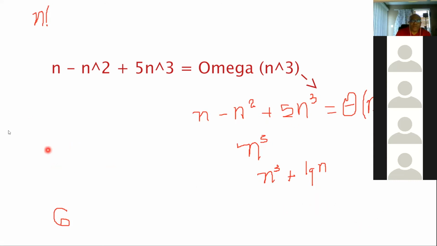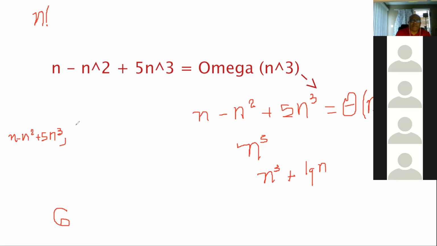All right, so I'm just going to write them out somewhere here. So one is n minus n squared plus 5 times n cubed. All right, so that's one.